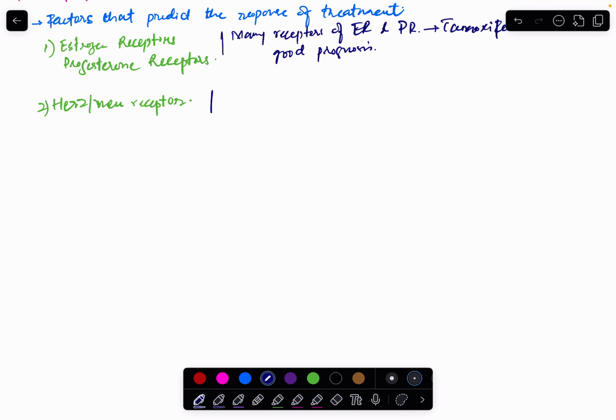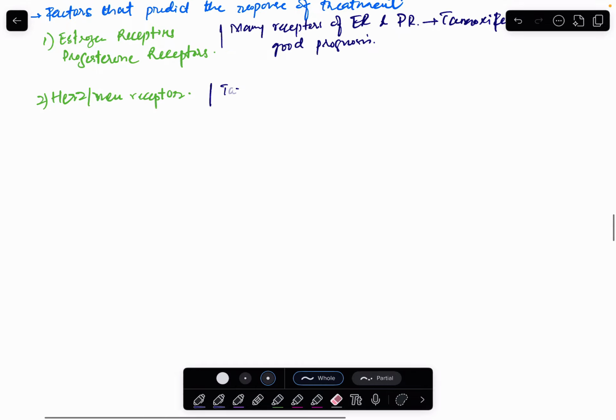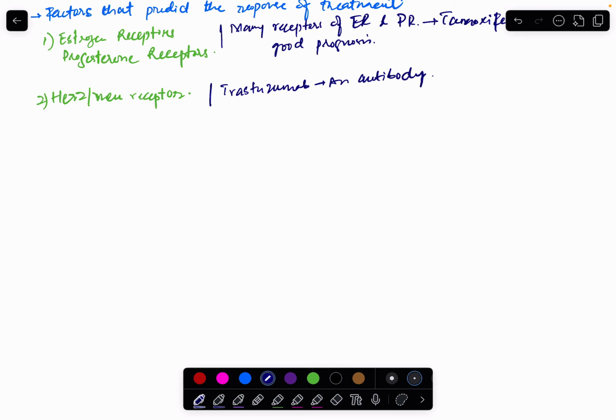If HER2/neu receptors are amplified, then you can use trastuzumab, an antibody for HER2/neu receptors. It also has good prognosis.